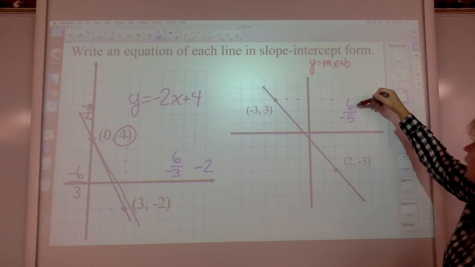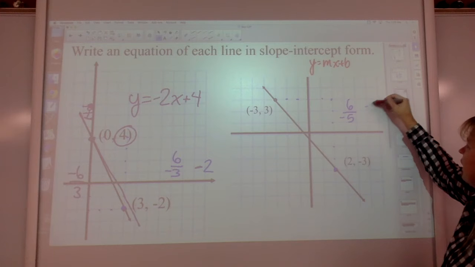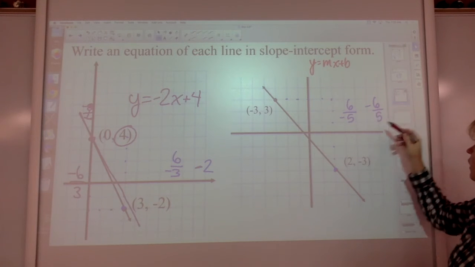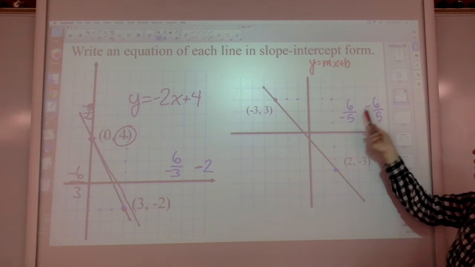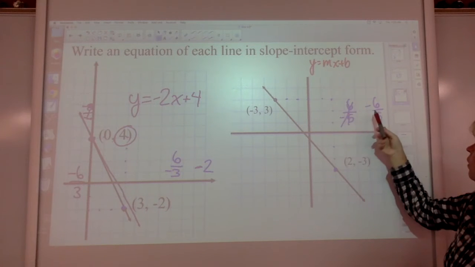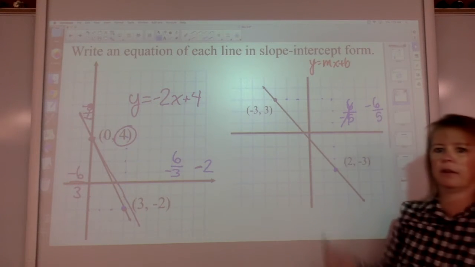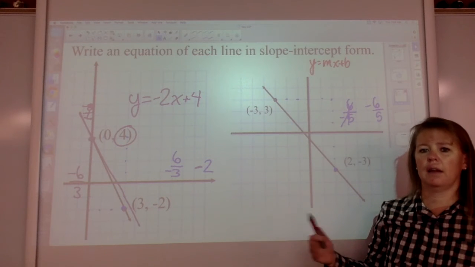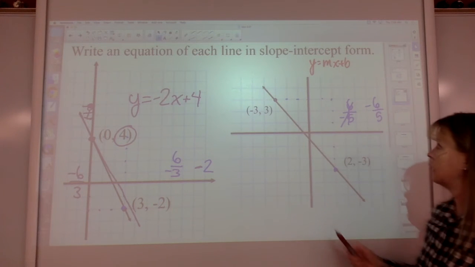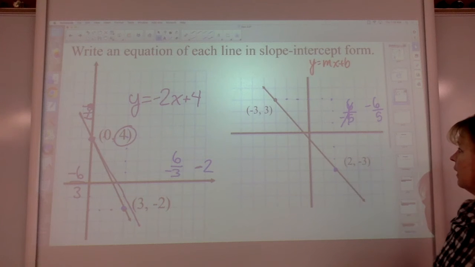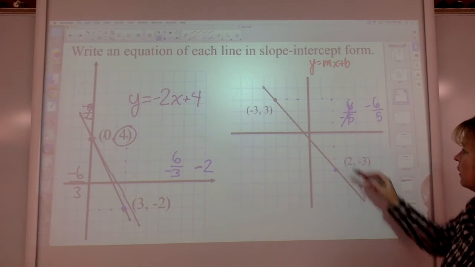Excuse me, that doesn't reduce, 6 over negative 5, but as you know, most calculators will only allow you to put either a negative in front of the 6 or in front of the 6/5 or just up in the numerator with the 6. So either negative 6/5 or negative 6 over 5 is our slope. We're going to take that and try to find our y-intercept from there.